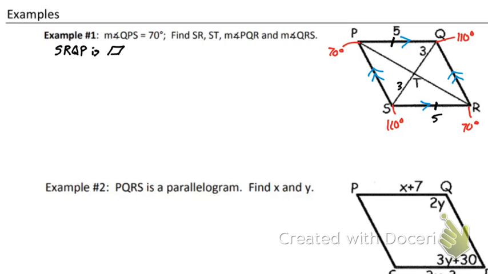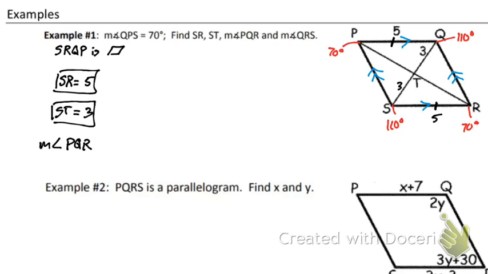All right, so let's see what questions we have. We have length of SR. Let's see if we answered that. Well, we said SR was 5, so we already answered that. All right, then it says find ST. ST is, well, we answered that too. It's 3. And finally, we did angle PQR.